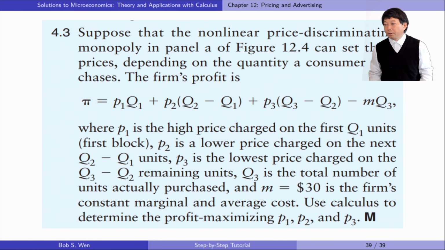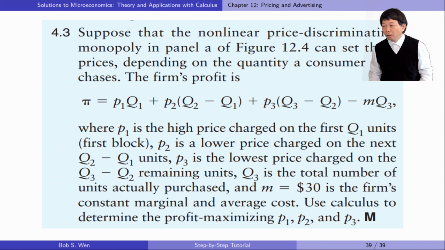Let's find answers to exercise 4.3. Suppose that the nonlinear price discriminating monopoly in panel A of figure 12.4 can set 3 prices depending on the quantity a consumer purchases. The firm's profit is as follows, where P1 is the high price charged on the first Q1 units, first block.